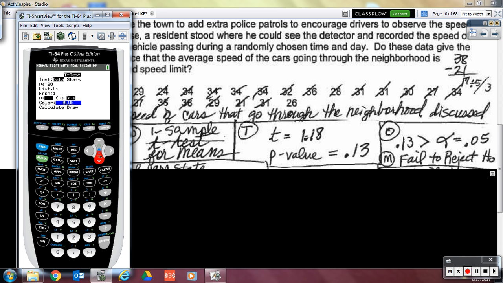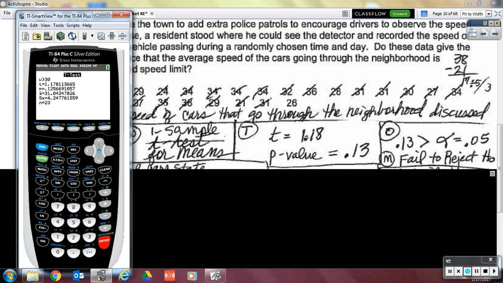Greater than. So highlight the greater than and then calculate. And so then that automatically gives you the t-score and the p-value. That one you can't really do by hand unless I made you put it all in the calculator and then go do it by hand. And I'm just not that mean.